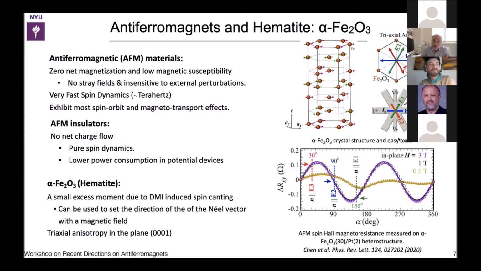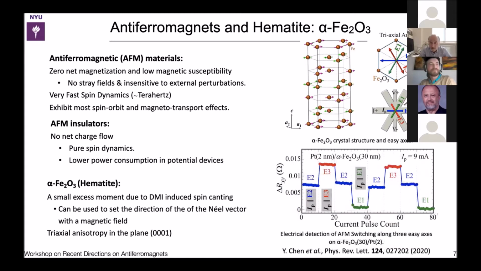This material also has 3 easy axes in the plane, so you should be able to switch between 3 possible directions of the easy axis by applying currents along 3 different directions. You can use this magnetoresistance to gauge to what extent the magnetic order is changing.